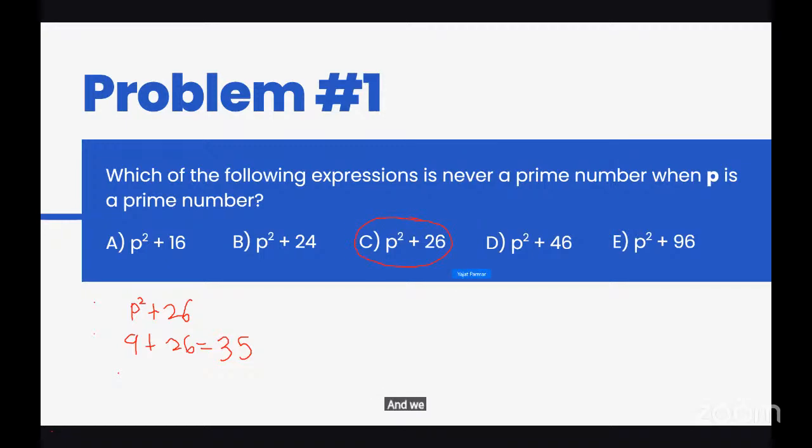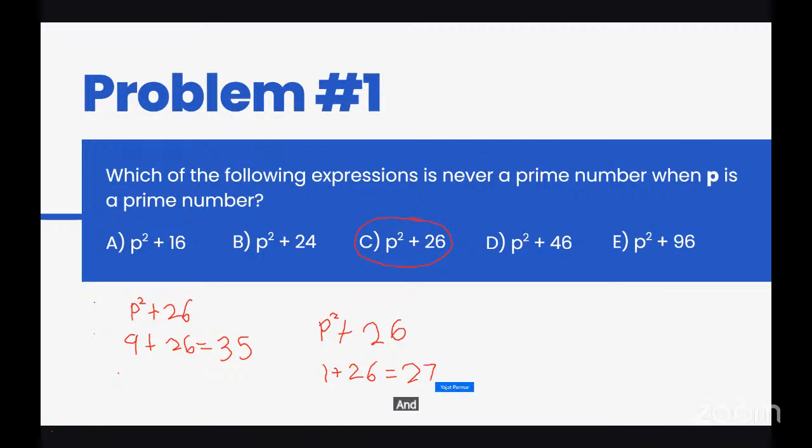And we realize that when p squared, I can write it out here. So p squared plus 26, when keeping in mind that when you square any prime number other than 3, the remainder is always 1 when you divide it by 3. So this would become 1 plus 26 equals 27.